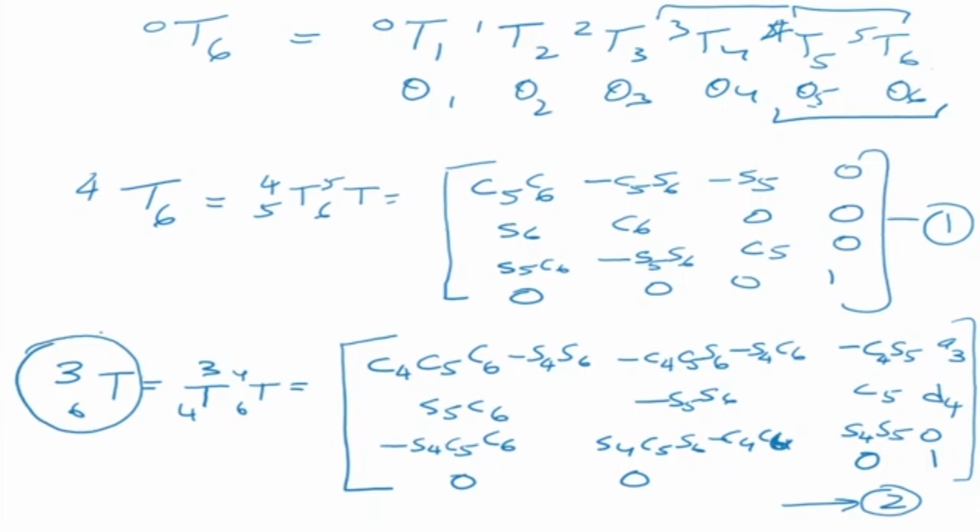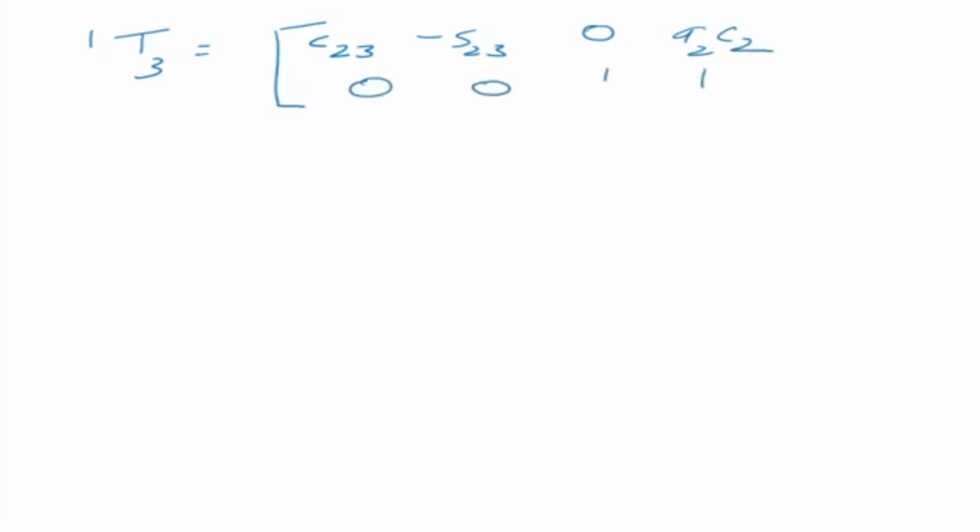The other set that we are multiplying is T1 to 3. So we just take those 1 to 3 matrices and multiply them out, and what we get is C2 3, minus sine 2 3, 0. This is A2 C2. Here it is 0 0 1, and it is D3 here.